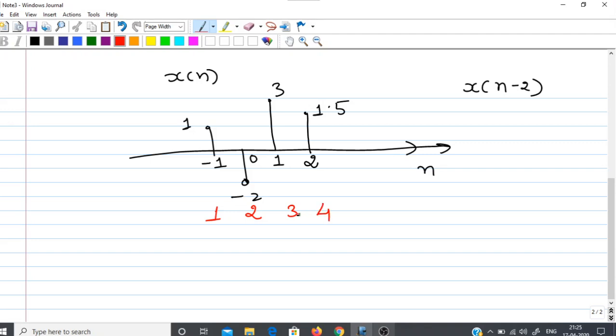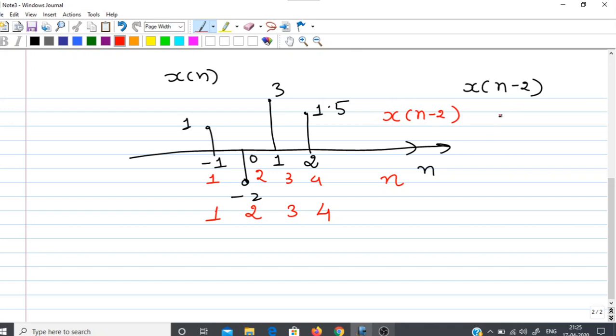So now if I remove this minus 1, 0, 1 and 2, and instead write here 1, 2, 3 and 4, and this is now my new n, then this would be my x[n minus 2]. So these red time indices correspond to the sequence x[n minus 2].